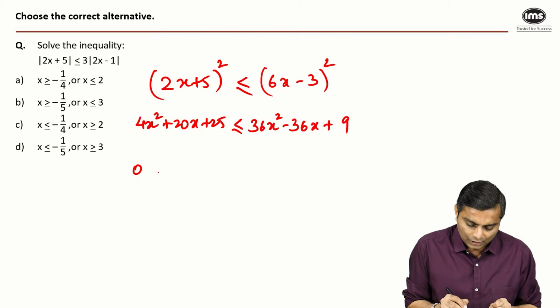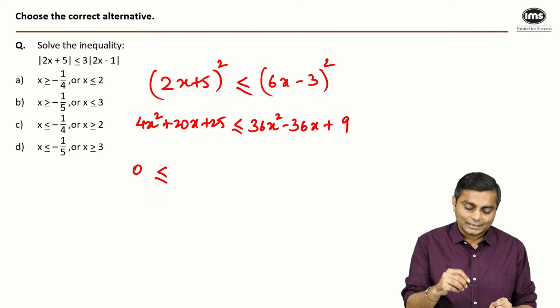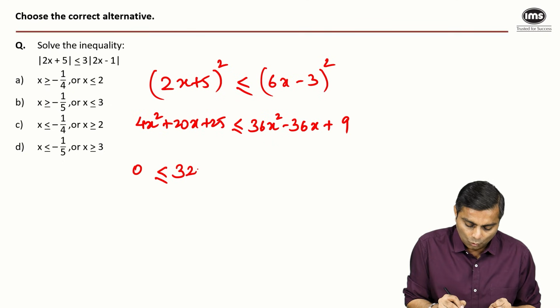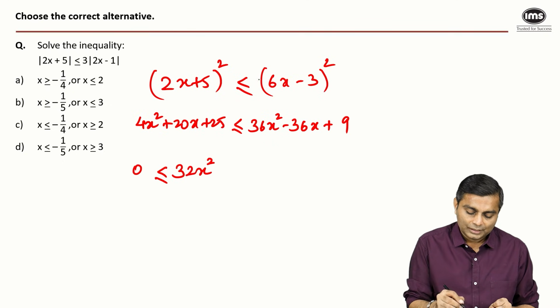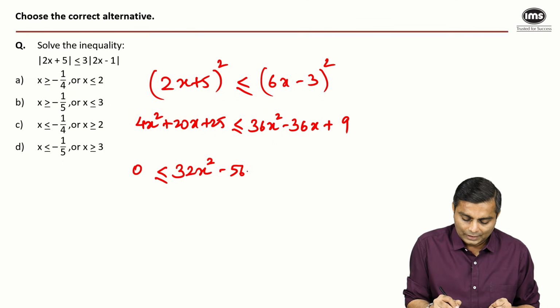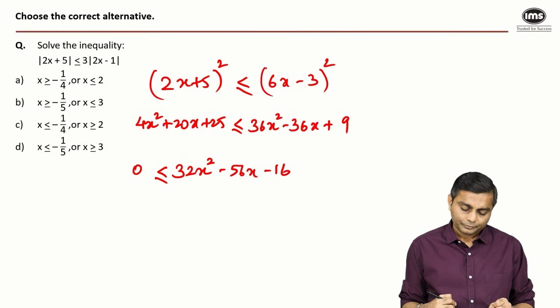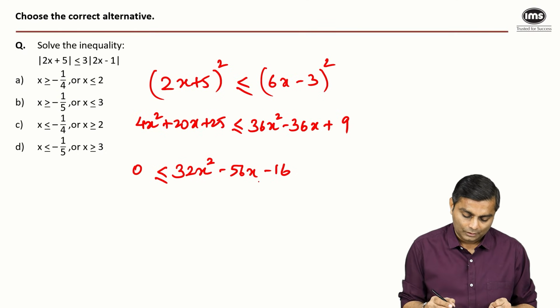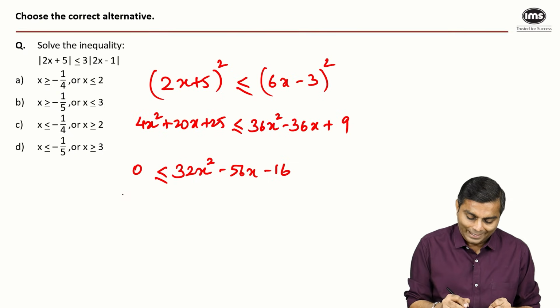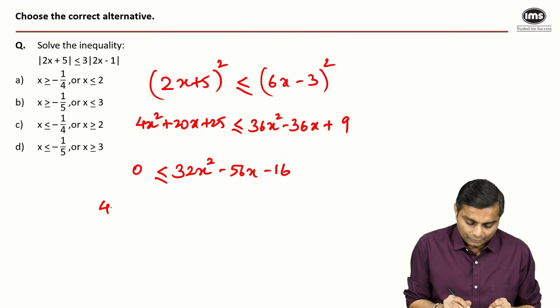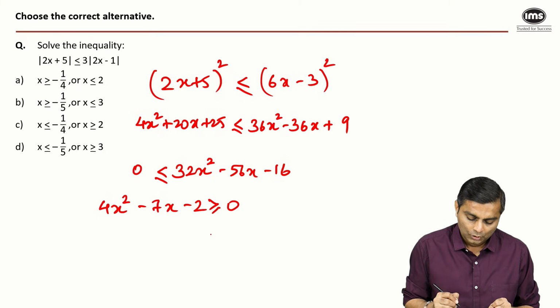So we will have 0 less than or equal to 36x squared minus 4x squared, 32x squared, minus 36 minus 20 minus 56x, and 9 minus 25 minus 16. I think we can reduce this by 8. So I can write this as 4x squared minus 7x minus 2 greater than or equal to 0.